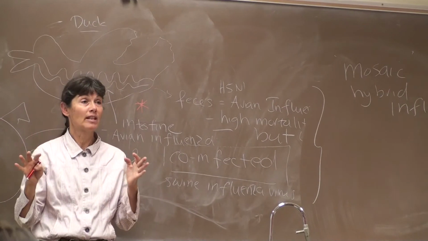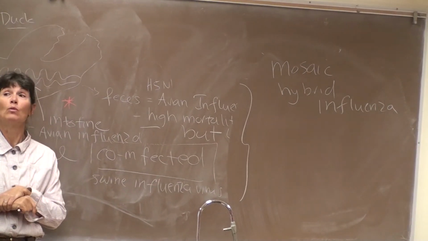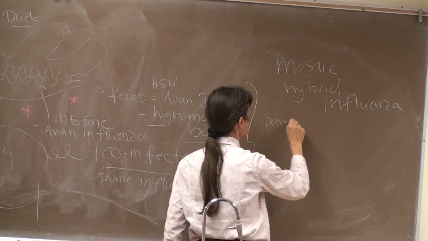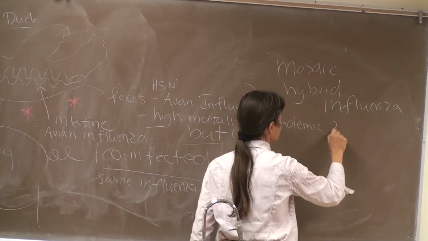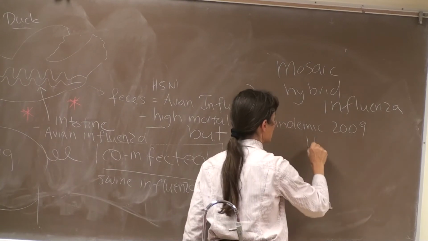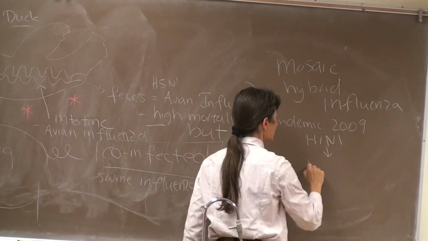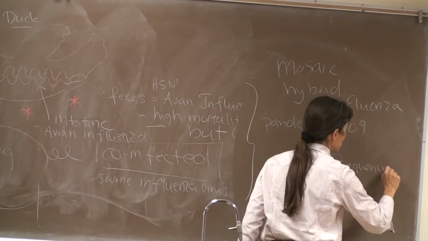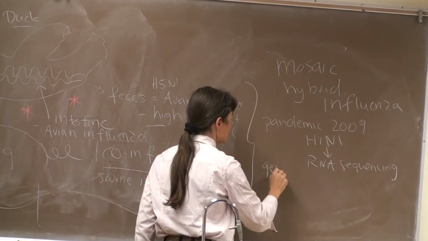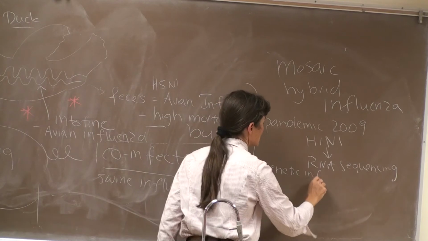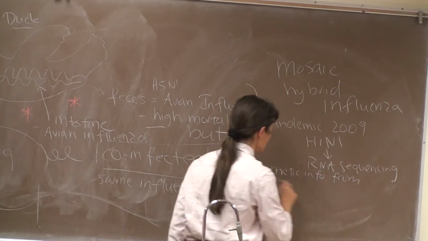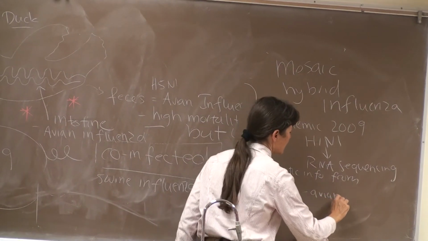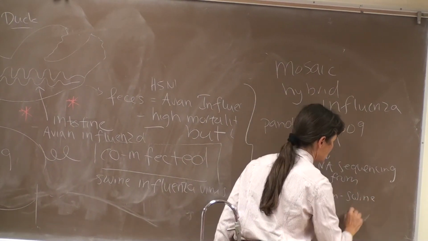And that's exactly what that pandemic 2009 strain was. When they did the RNA sequencing, that pandemic 2009 H1N1 carried genetic information from human, avian, and swine influenza.